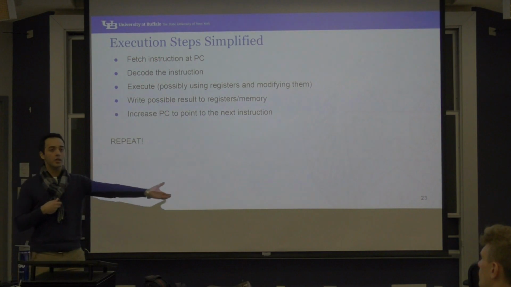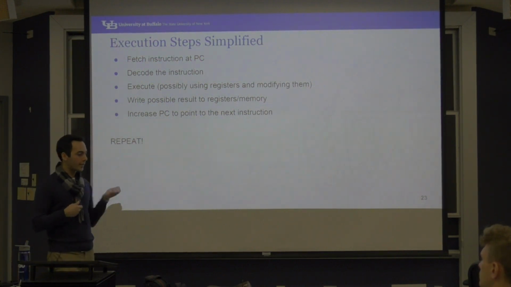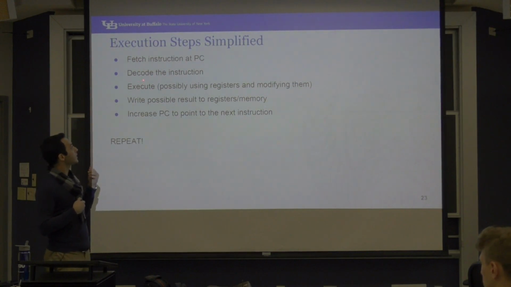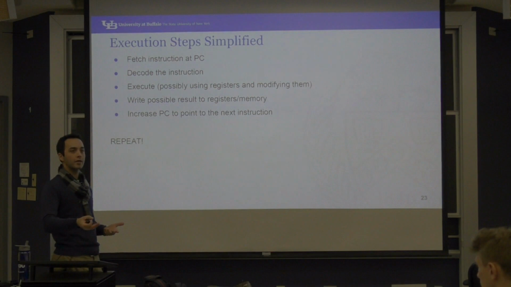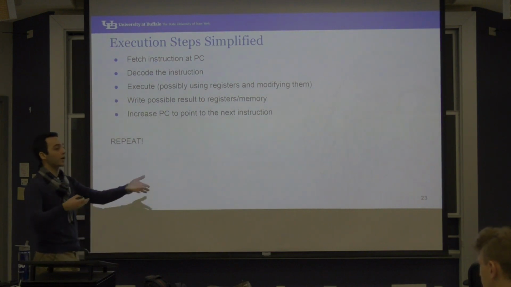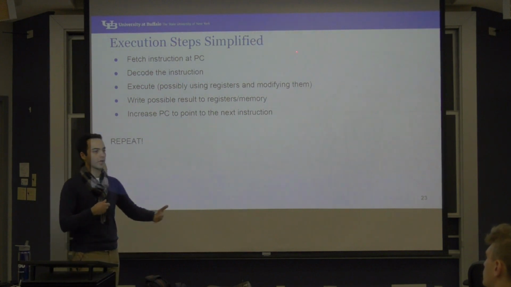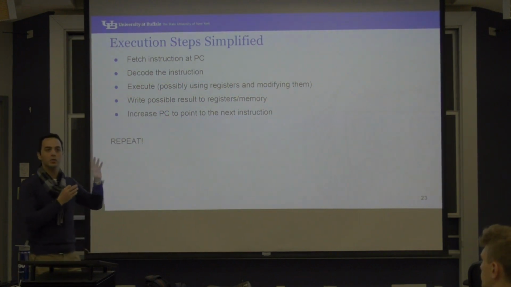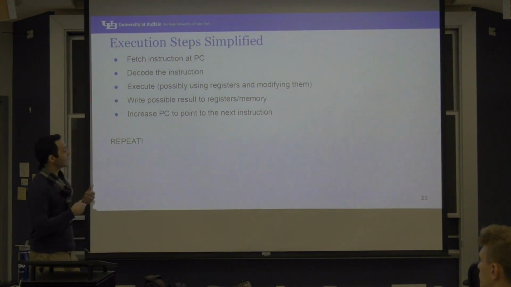So execution steps, very simplified, is this. You fetch an instruction which is pointed to by your program counter, and then that instruction comes into the decoder, and this decodes the instruction, what is to be done in the next few cycles. Should I multiply? Should I add? Should I read another byte from memory? Whatever. And then that basically gets executed in the next few cycles with all those things that I showed you with decoders, the flip-flops, and the clock. And then once that is done, the timing also tells what it's done.